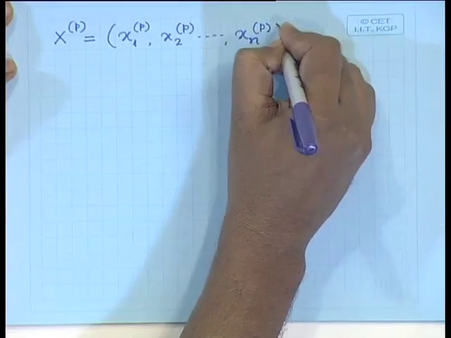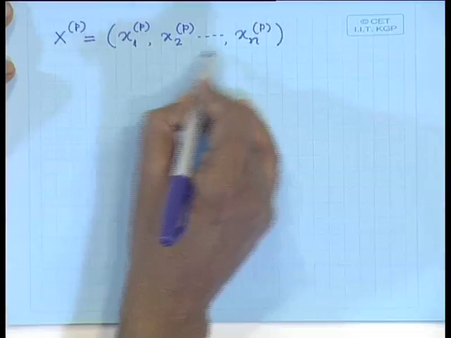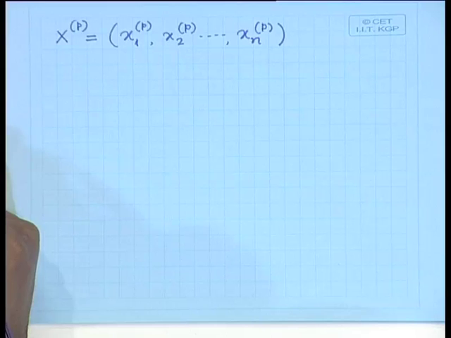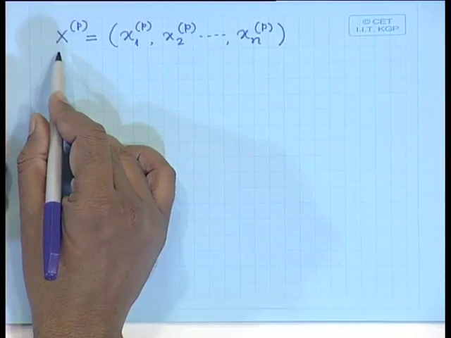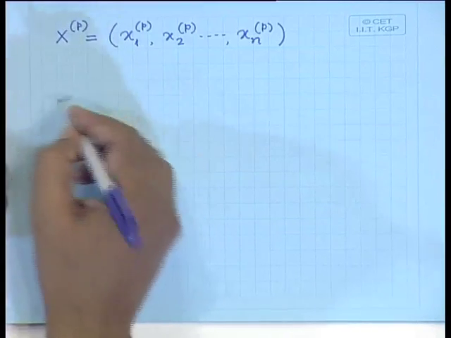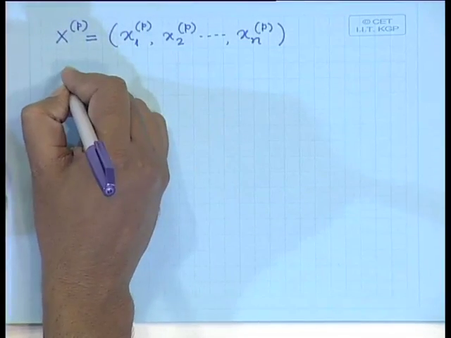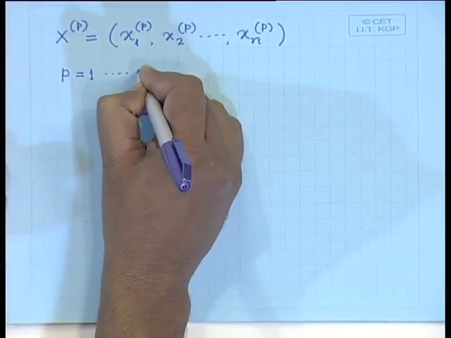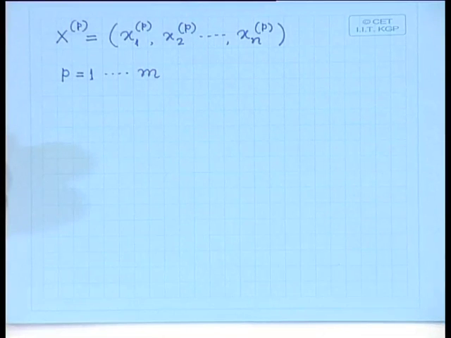Each of these x1, x2, xn can assume either a value +1 or a value -1, because they are binary patterns, and our convention is that a bit 0 will be represented by -1. So, every component can have a value either +1 or -1, and this is the pth training vector, feature vector, and I have say m number of feature vectors. That means this p can vary from 1 to m, as I have m training vectors.